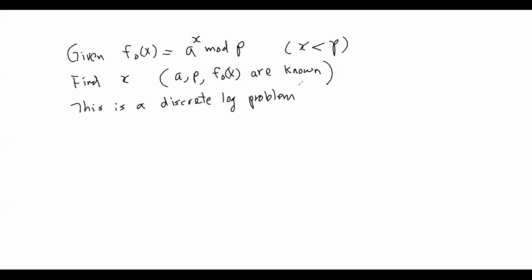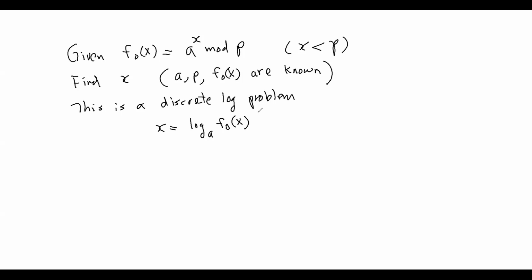Okay, so in other words, if you don't look at p, what it really is that x is equal to log base A of f0 of x, and then you can take mod p.